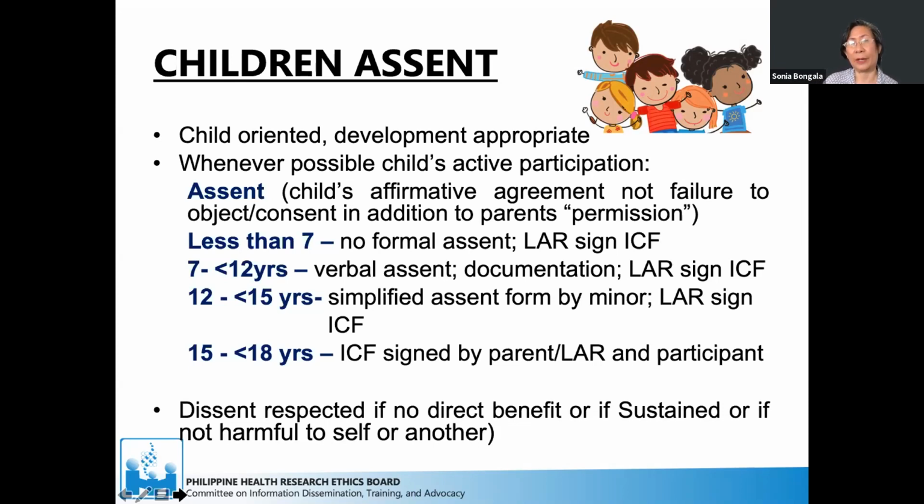And for 12 and up to less than 15 years old, a simplified form can be signed by the child, and the parent will have a separate informed consent form. For 15 to less than 18 years old, one form na lang, signed by both the child and the LAR. Okay? This dissent should always be respected at any one point.